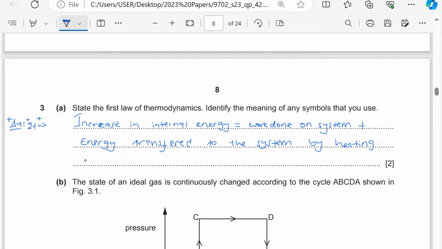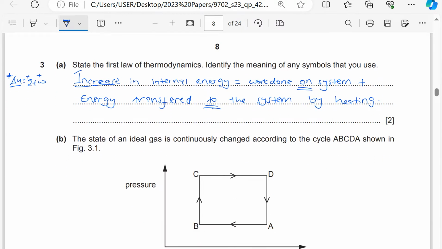That is the first law of thermodynamics. I'm saying work done on because I've considered the plus convention. Thermal energy transferred to the system because I've considered a plus convention on Q. And I'm saying increase because I've considered a plus convention on delta U.